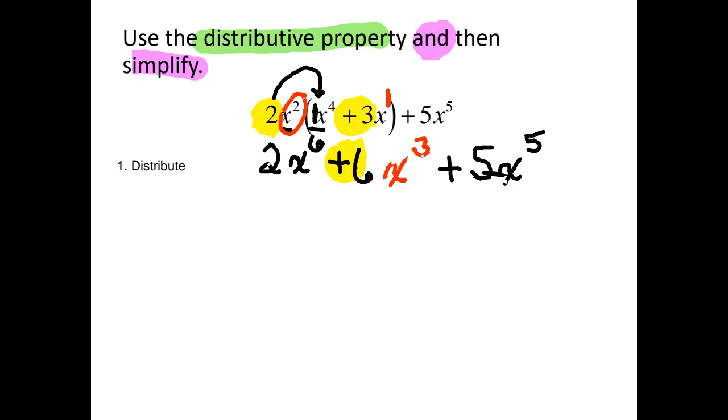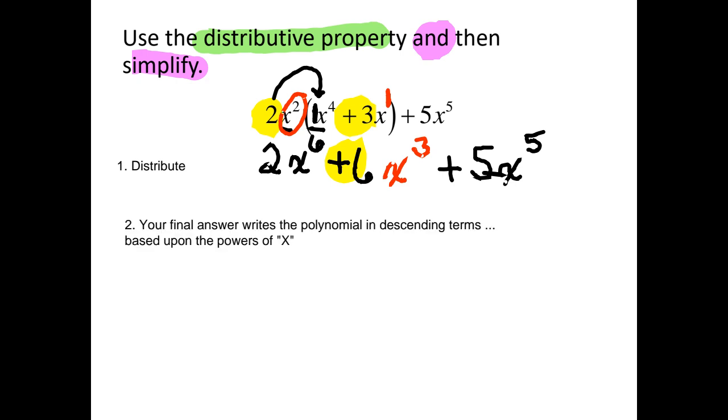Now, your final answer writes the polynomial in descending terms based upon the powers of x.